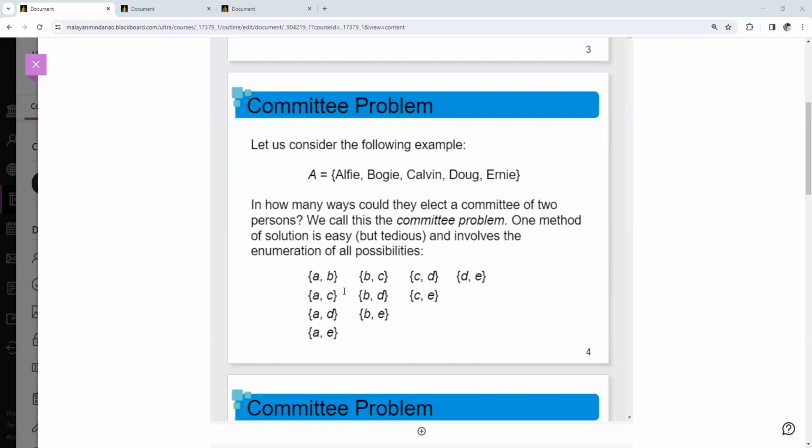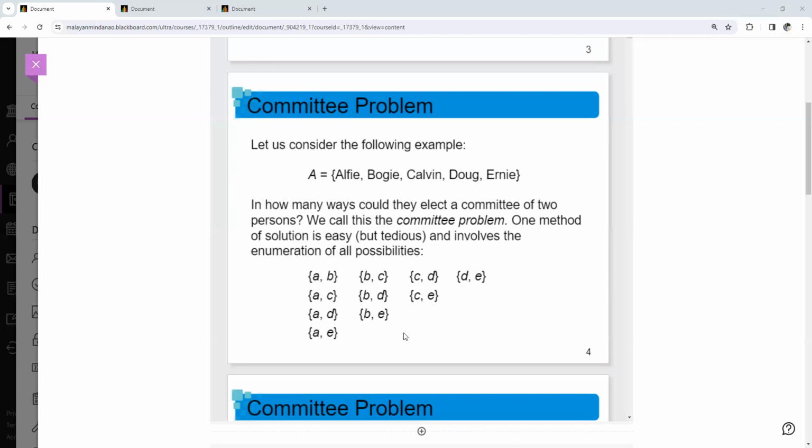For our previous topic on permutations, AB is not equal to BA because the order matters. But for combinations, AB is definitely equal to BA. And the number of ways is reduced compared to permutations.